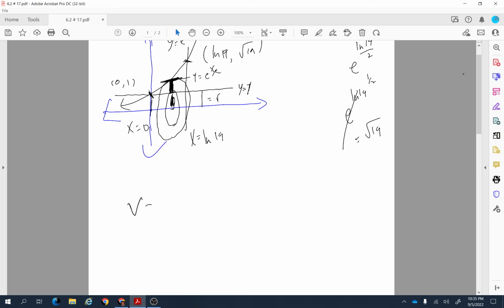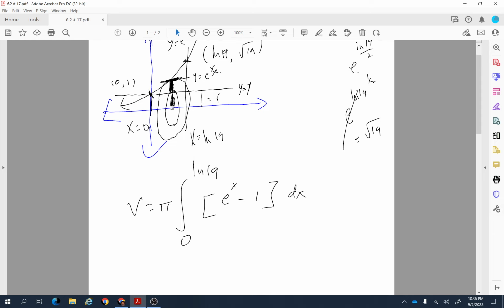So the volume is pi times the integral from 0 to ln 19 of capital R squared, which is e to the power x over 2 whole squared, eventually e to the power x, minus small r squared, which is 1 squared. So e to the power x over 2 whole squared is just e to the power x.